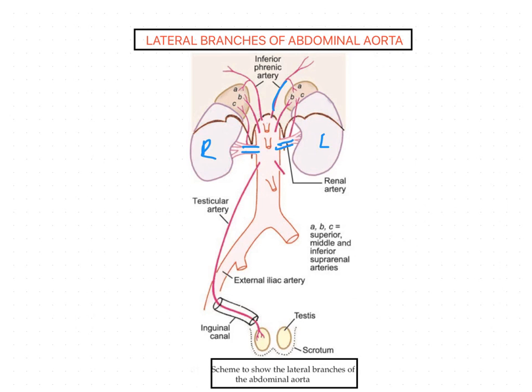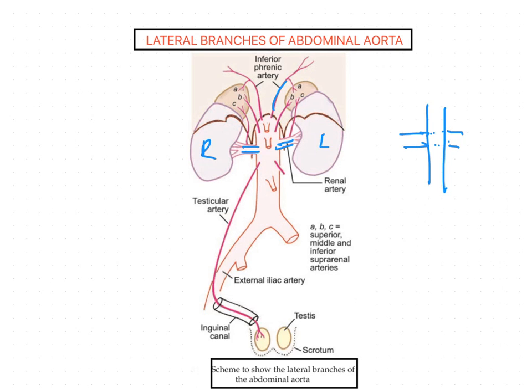So this right renal artery passes laterally behind the inferior vena cava, for example this one, and it reaches the hilum of the right kidney, that is the opening of the right kidney.